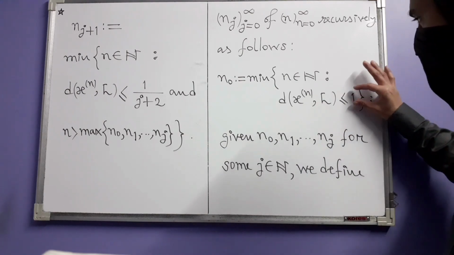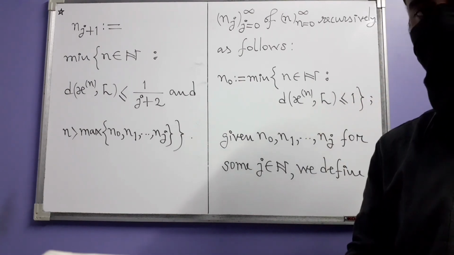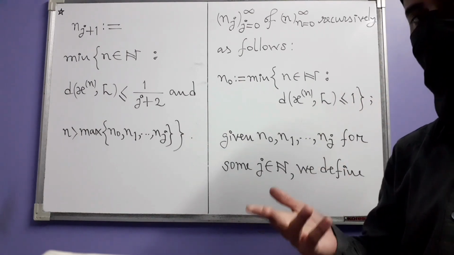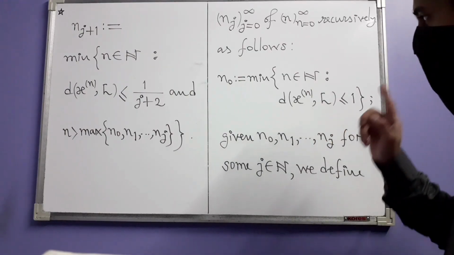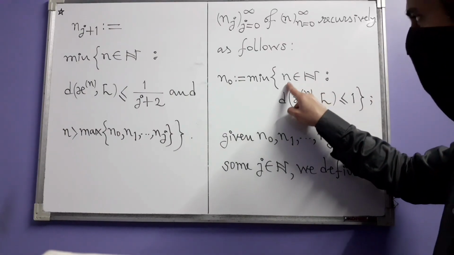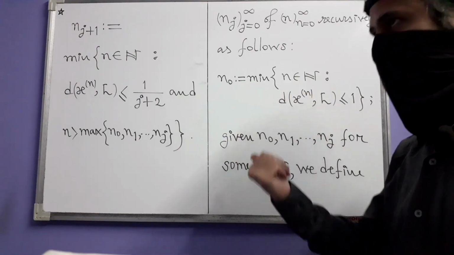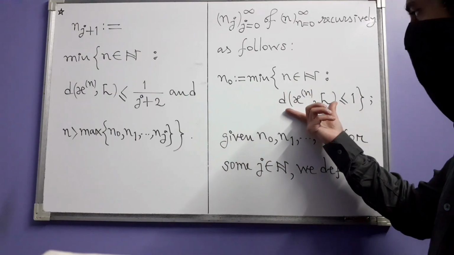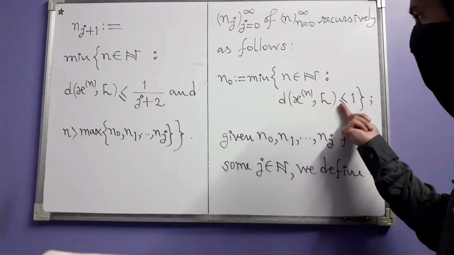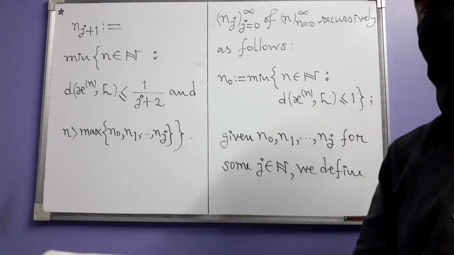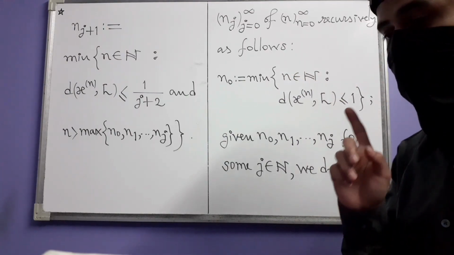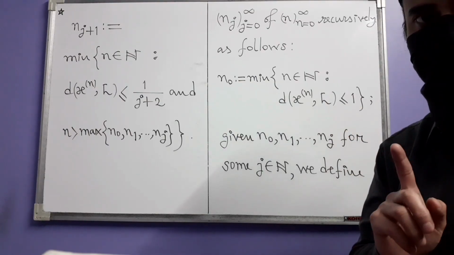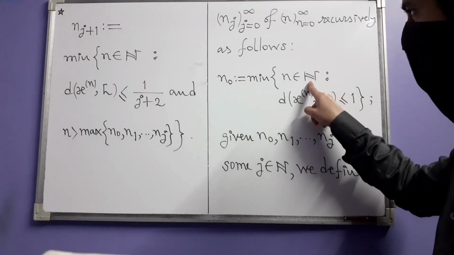So if you imagine 1 in place of epsilon and 0 in place of N and apply the definition of limit points, there exists at least one n which is greater than or equal to 0 and for which the distance between xn and L is at most this epsilon. So we know that this set is non-empty and it's a subset of N.